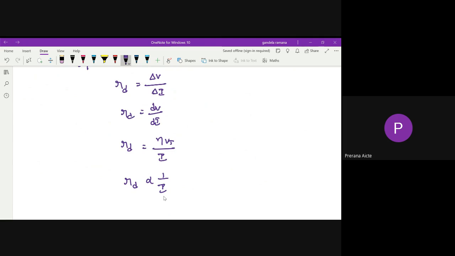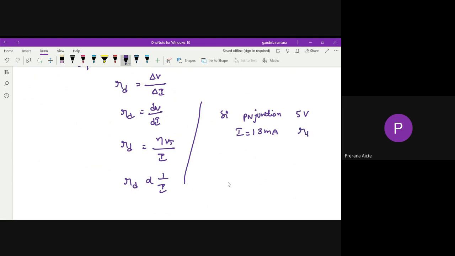In the examination they may give a problem: a silicon PN junction in forward bias with a current of 13 milliamperes.